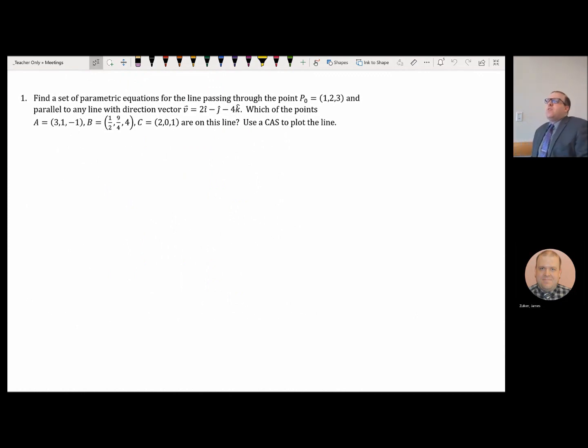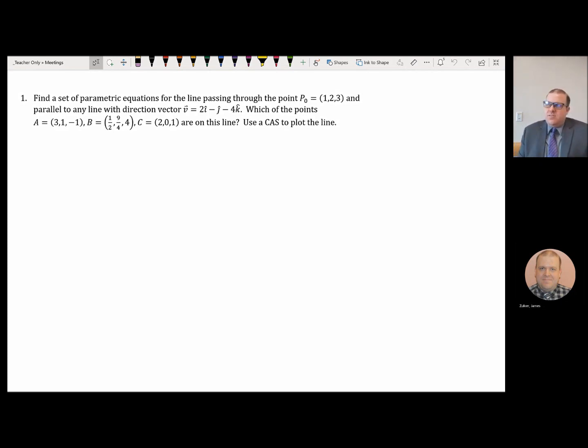When trying to find parametric equations of a line, whether it's two-dimensional, three-dimensional, four-dimensional, whatever the number of dimensions, two things you need. You need a point on the line, and you need a direction for the line. Point slope form: you have a point, you have its slope, which gives you a direction.